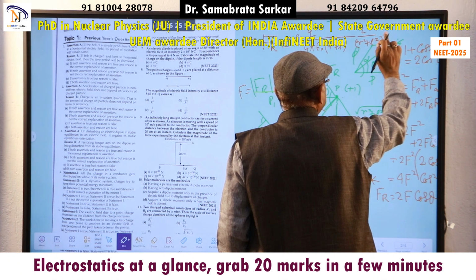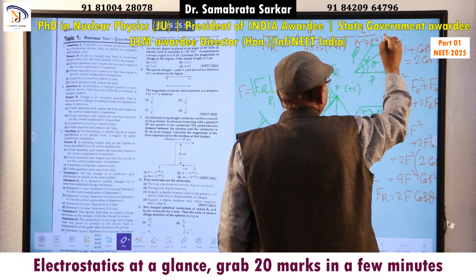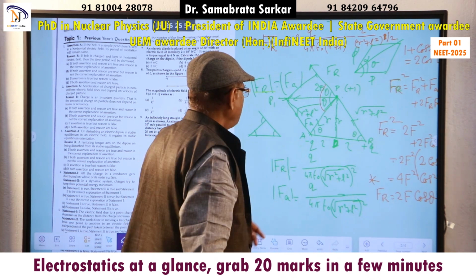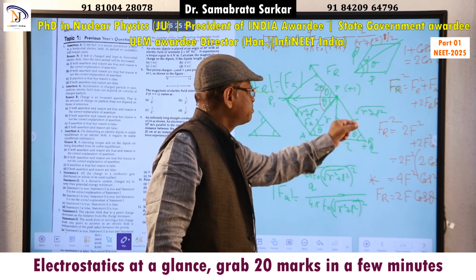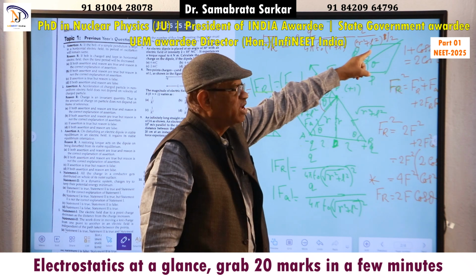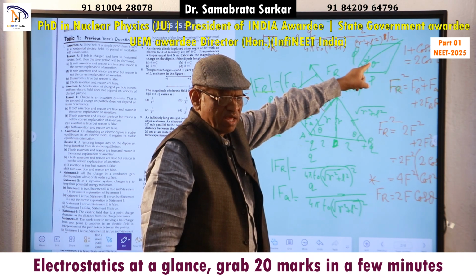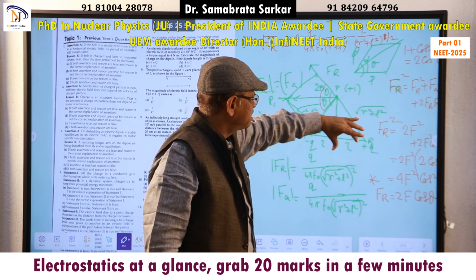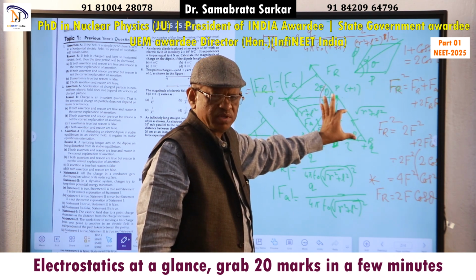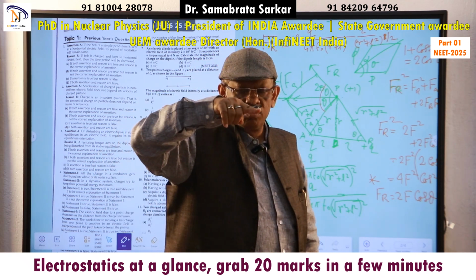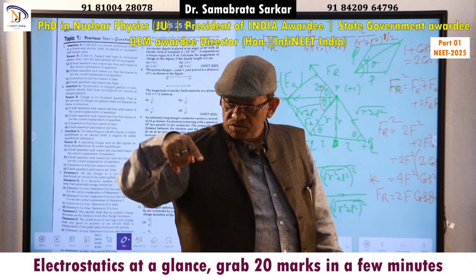So this is base by hypotenuse, L over root of r squared plus L squared. Am I clear?